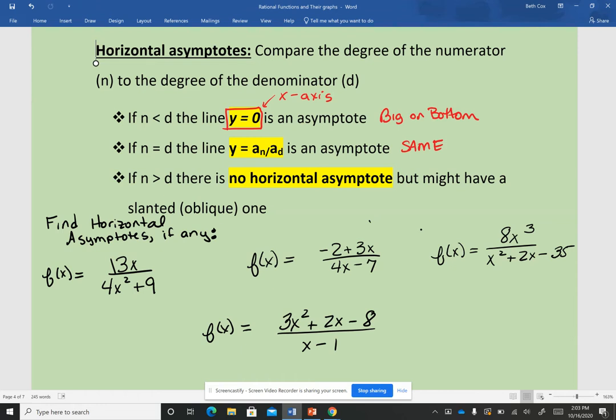Then the third case is when the numerator is bigger. This one's big on top. When it's big on top, there is no horizontal asymptote, none at all. But you might have an oblique one, which we'll talk about next after we finish this one. It just depends. We'll look at that in just a second.